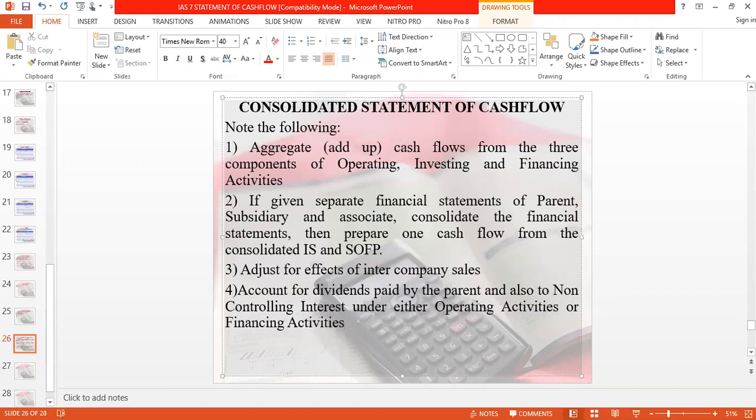Remember, I said you can put it anywhere. The standard allows you. But the point is, account for dividends paid by the parent, or to non-controlling interests, under either operating activities or financing activities. The point is, be consistent.